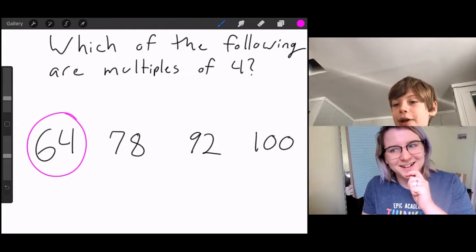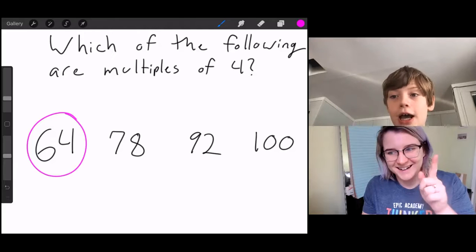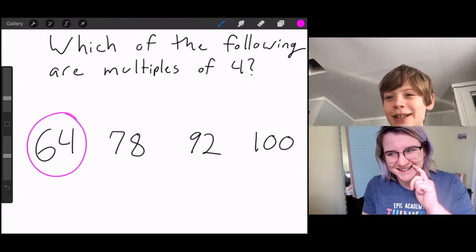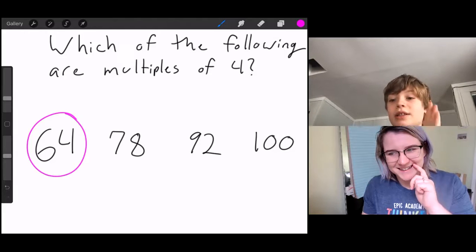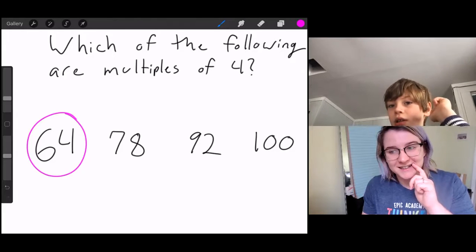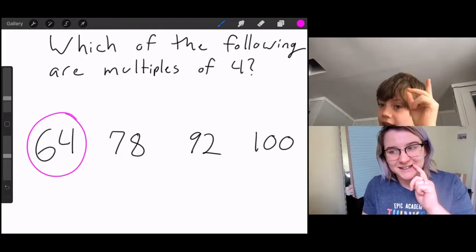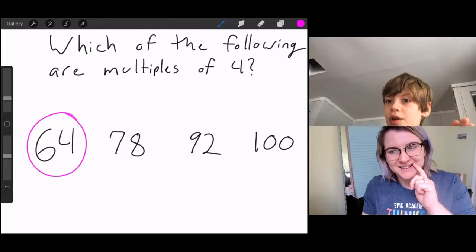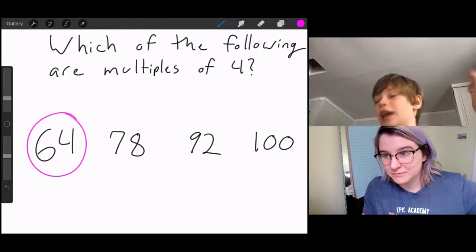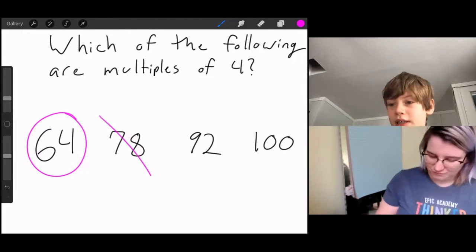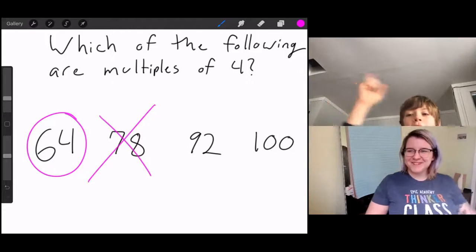I thought I was multiplying by 6 again. I got sidetracked. So sorry. 64, 68, 72, 76, and 77, 78. That's not a multiple of 2. The next multiple would be 90, so 78 is... Keep going.